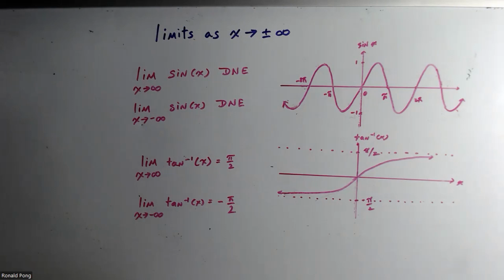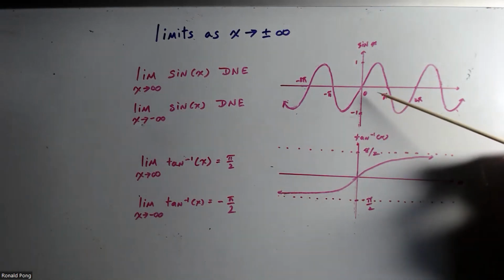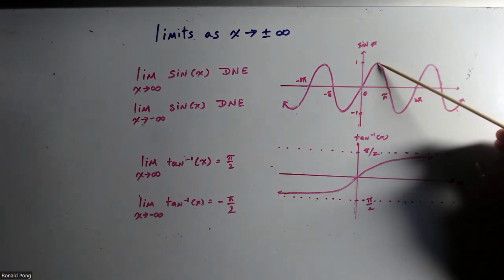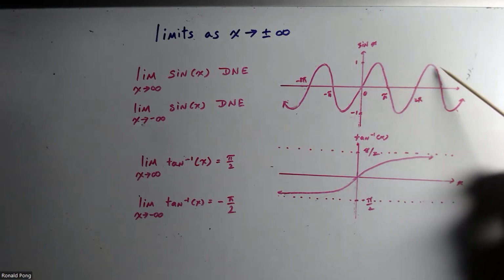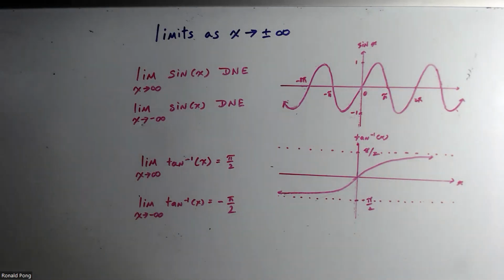As we continue our exploration of the behavior of functions as x approaches infinity or negative infinity, sine and also cosine pose an interesting dilemma in that they oscillate between positive 1 and negative 1 forever. Because they do so, these functions never converge to any particular value as x approaches infinity or negative infinity.